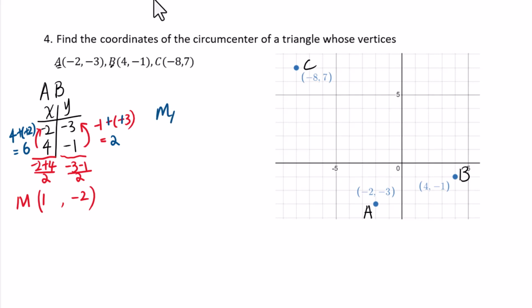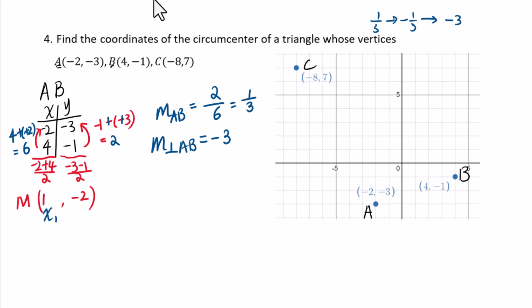So the slope of AB is 2 over 6 equals 1 over 3. The slope of the perpendicular bisector of AB is the opposite reciprocal of 1 over 3, which is -3.